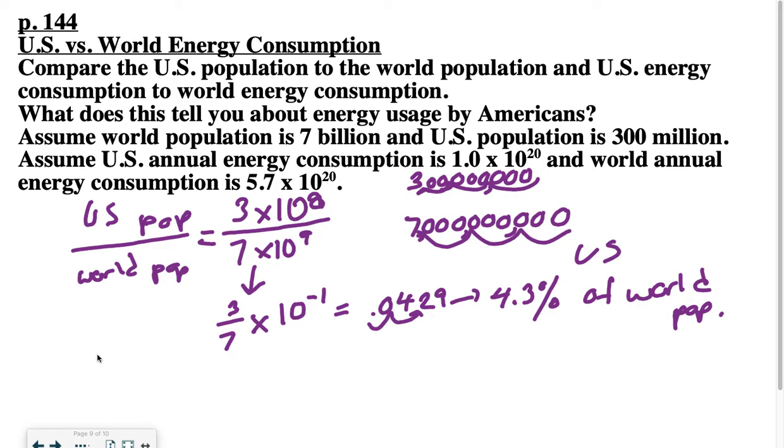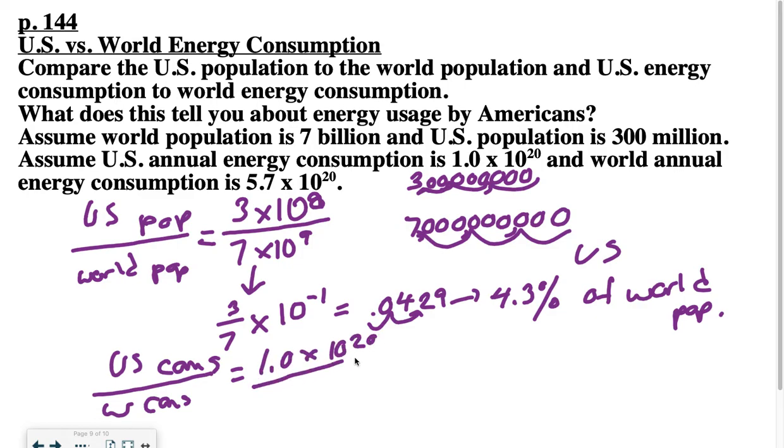Now, energy consumption, the US consumption versus the world consumption. The US consumption is 1.0 times 10 to the 20th. The world consumption is 5.7 times 10 to the 20th. So these actually cancel because dividing anything by itself gives us just 1.